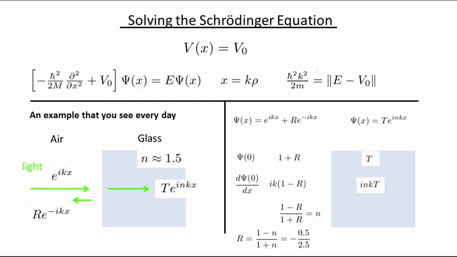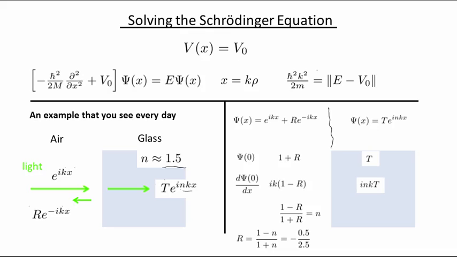When light goes into glass, the refractive index of glass is about 1.5. That means that its wavelength decreases, and so the spatial part of the wave equation in the interior has this form, and now it's very easy to determine the reflection coefficient.